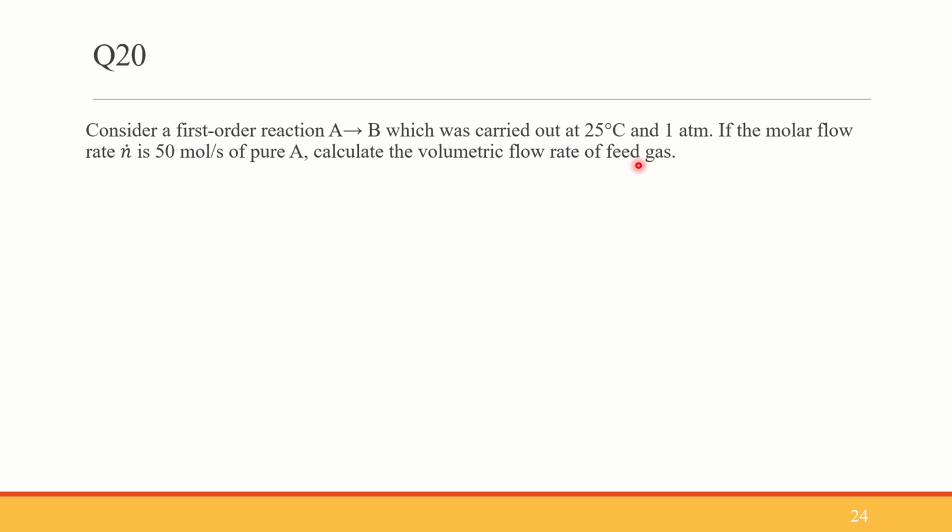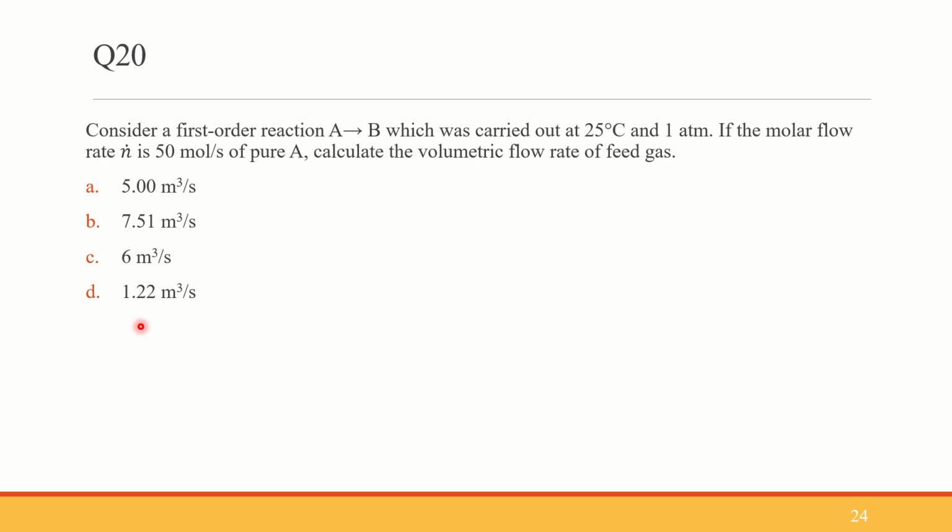And options are option A 5 meter cube per second, option B 7.51 meter cube per second, option C 6 meter cube per second, option D 1.22 meter cube per second. So I'll repeat whatever the things that are given and I'll give you guys 1 minute so you can solve because it is a very simple problem.